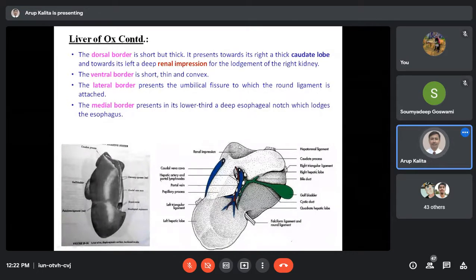It is thick, and here you will get the renal impression. The ventral border is thin and convex. The lateral border is thin, and you will get the umbilical fissure or round ligament. The medial border, you will get the esophageal notch, where you will get the esophagus. Any doubt?